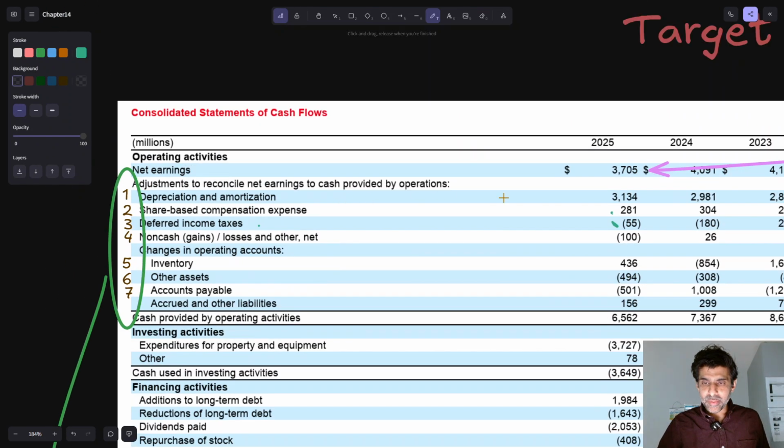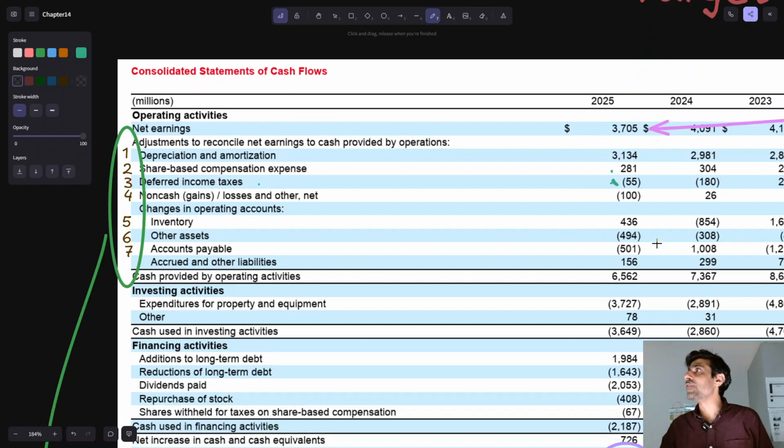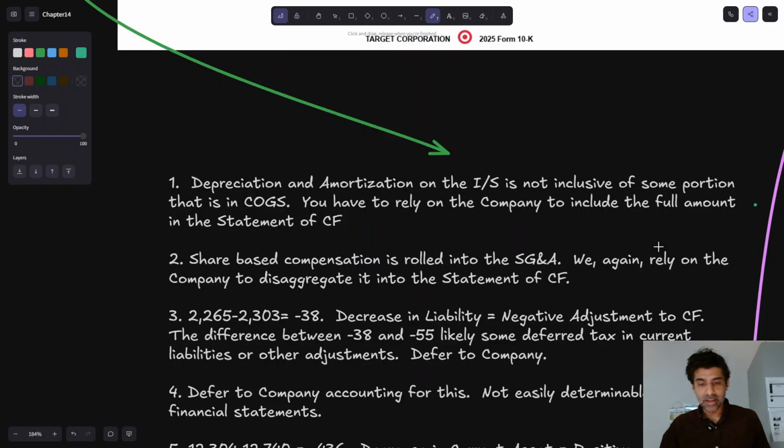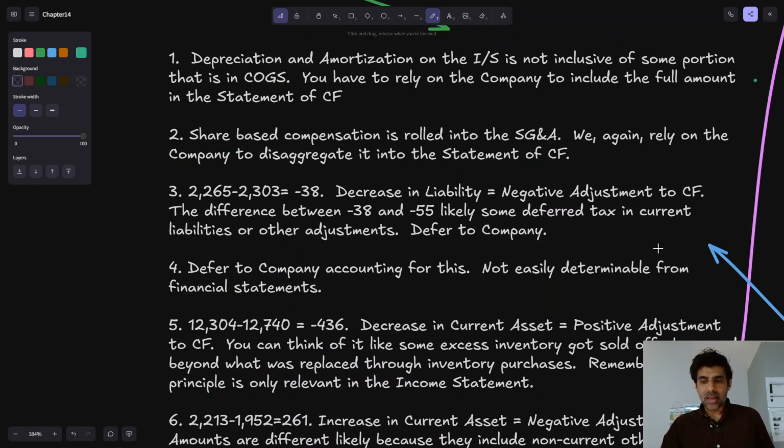Now, if we look up here, we can see that it's negative 55 versus what on the balance sheet was negative 38. So there's some small discrepancy. Why is that? It's likely that there's some other deferred tax in current liabilities or other adjustments. Since they're splitting things up between segments and doing complicated internal accounting, you're trusting that they're properly going to find all the deferred tax, not just in that main liability, but if it's embedded in other places, and that they're doing the full amount.